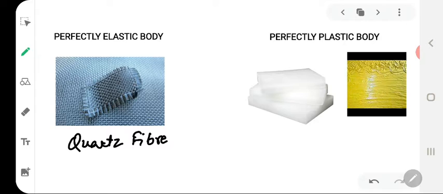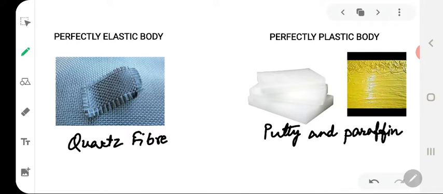That body which does not regain its original configuration at all on the removal of the deforming force are called perfectly plastic bodies. So, putty and paraffin wax are nearly perfectly plastic bodies.